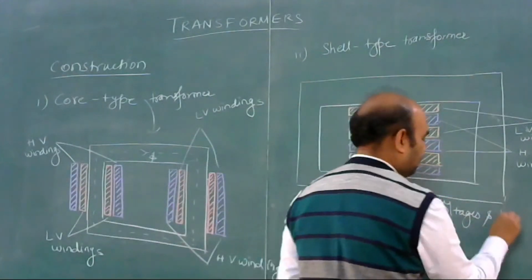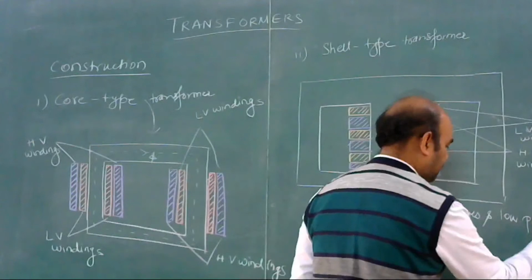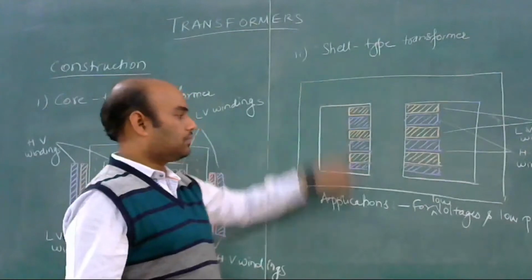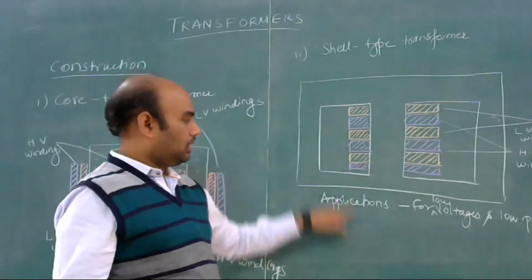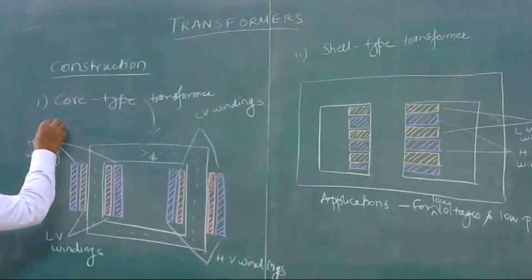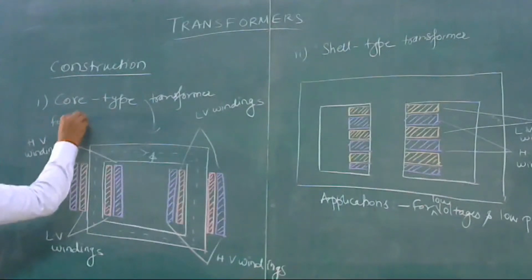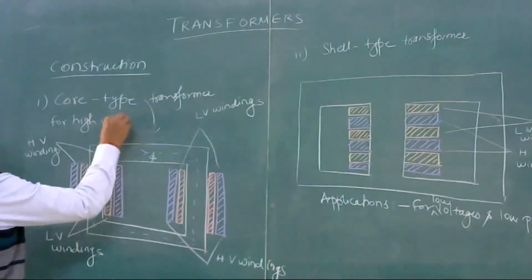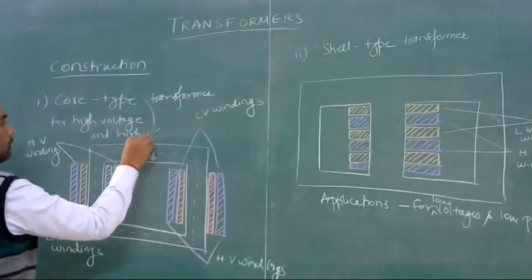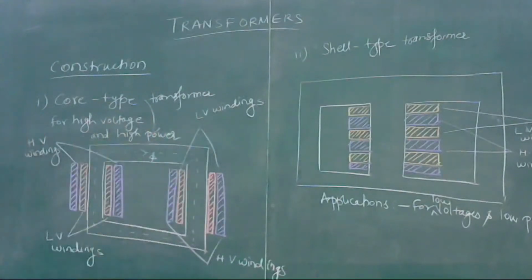Low voltage and low power. So application of this type of transformer is for low voltage and low power. And application of this core type is for high voltage and high power. So these are the applications of core type and shell type transformer.